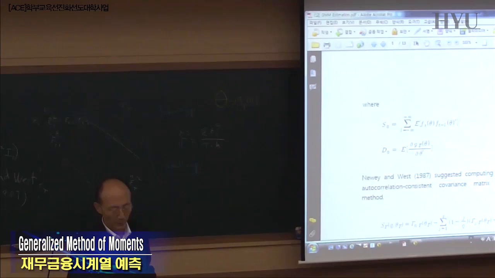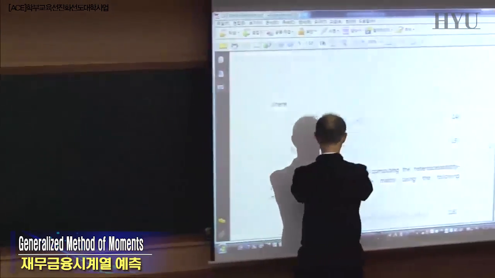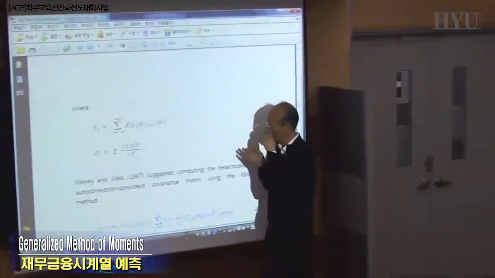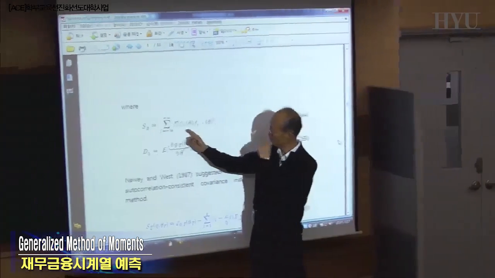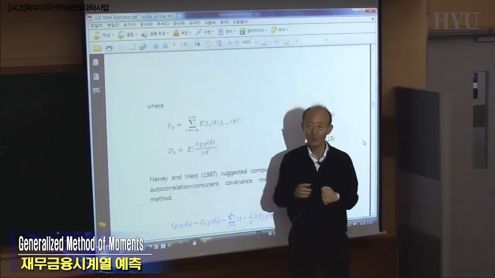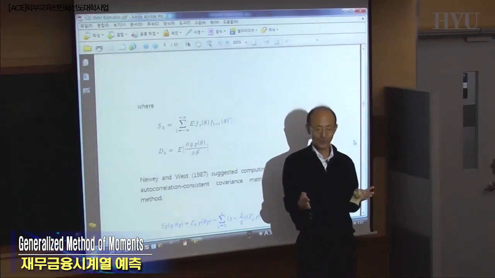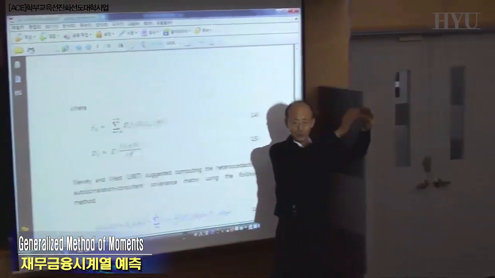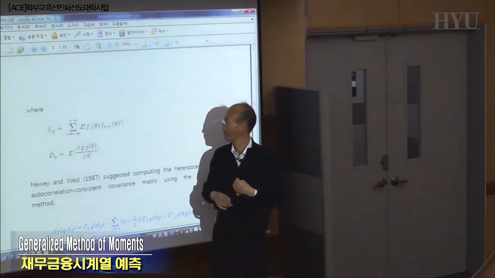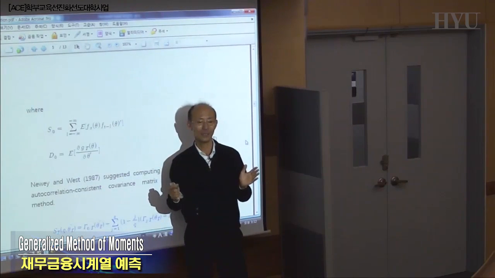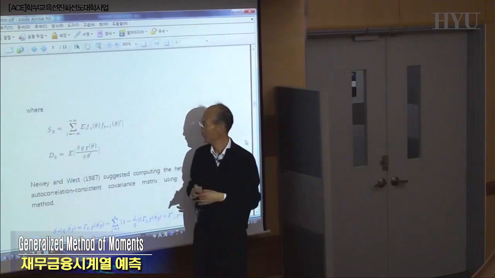And how to calculate that? Do you see? Ft was the moment condition, right? So Ft is defined in such a way and set equal to 0, right? Set equal to 0. So it's more like an error term, right?